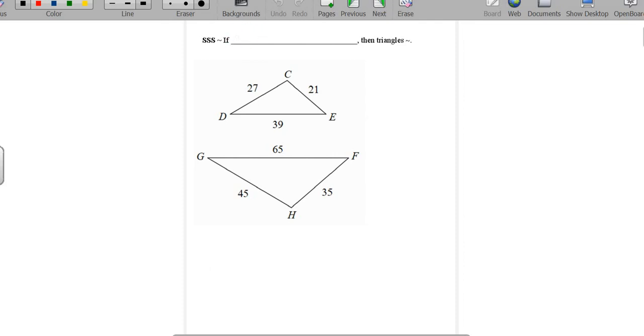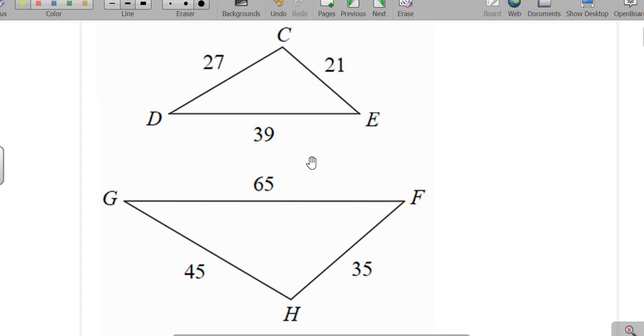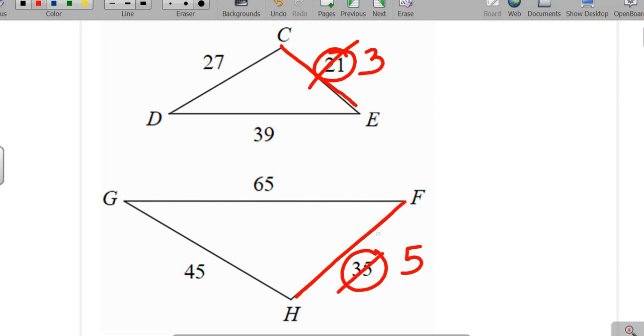Then we have if 3 side ratios are equal, then the triangles are similar. Notice I didn't say the sides are equal, the ratios are equal. Watch what I mean. We're going to go short to short. Ready? Here, short side to short side. Reduce. 7 goes in there 3 times. 7 goes in there 5. Let's go over here.